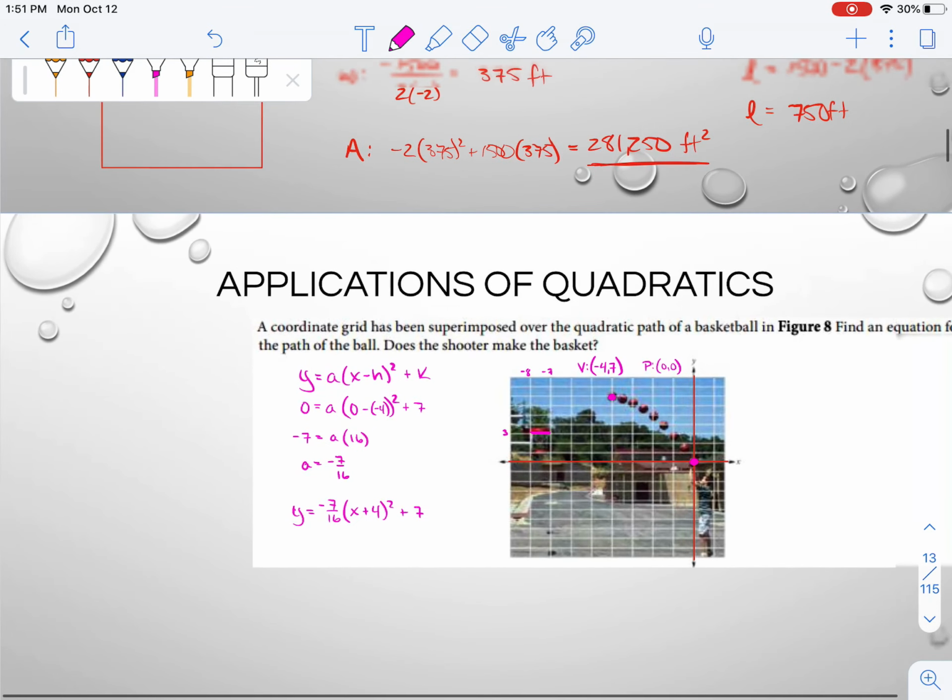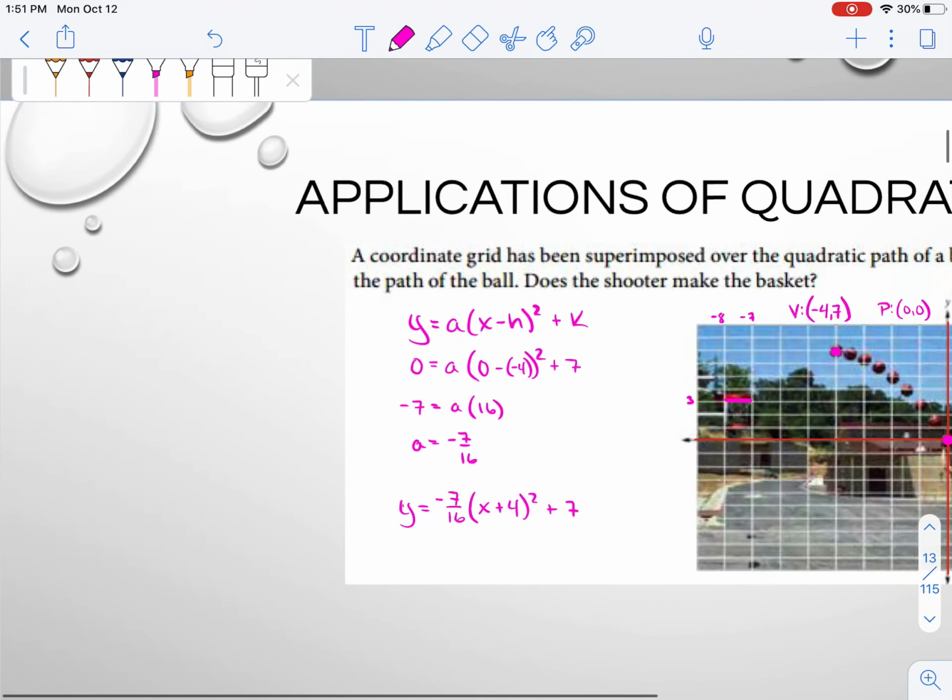Let's do that. So I want to substitute in 3 equal to -7/16 times (x plus 4) squared, and I'm going to multiply that out. So I'm going to have x squared plus 8x plus 16, plus 7.